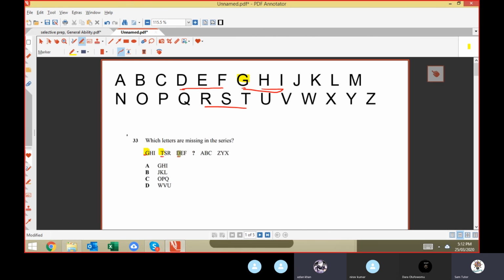So 7, 7. D is 4 from the front, and 4 from the back would be 1, 2, 3, 4. So the answer is D. A I got first, and Z, last letter. Yeah, good girl. Well done.